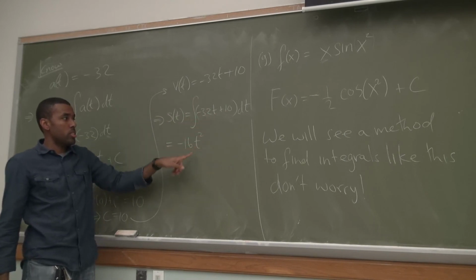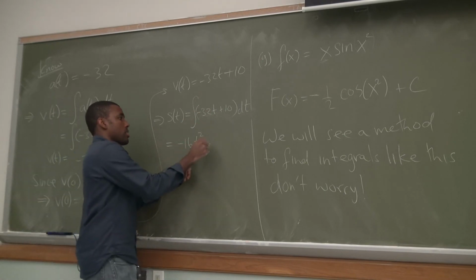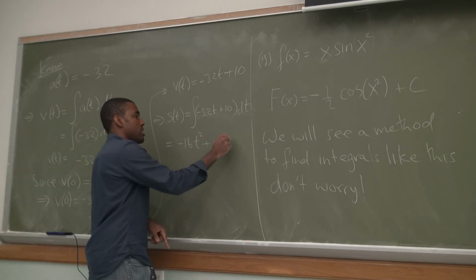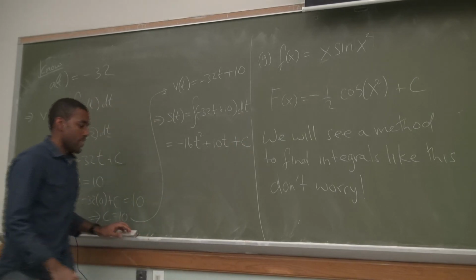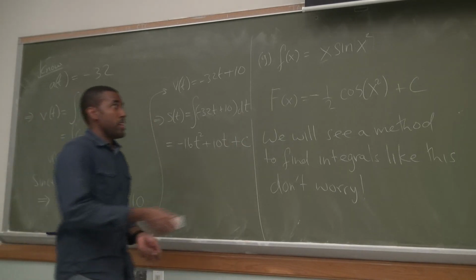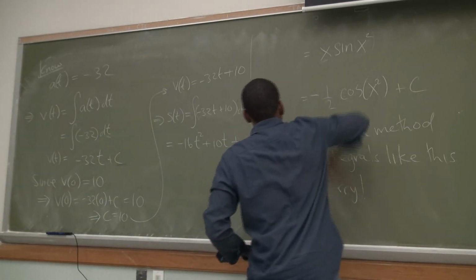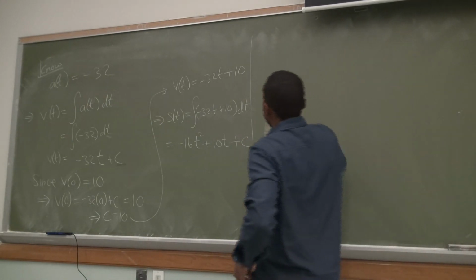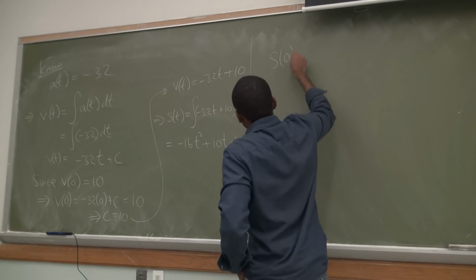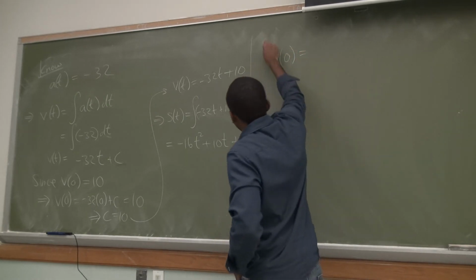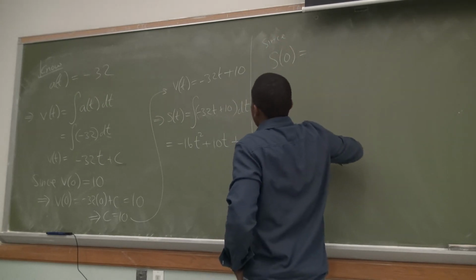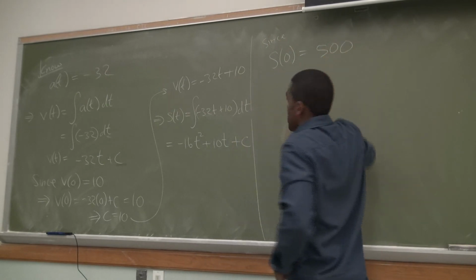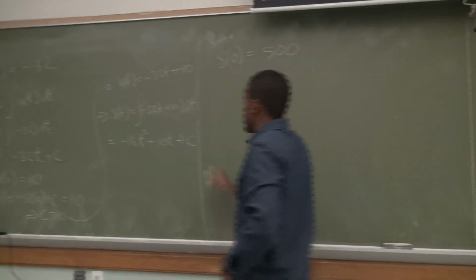The 2 cancels this, you get 16. This other term is just going to be 10t, and again plus c. Do I have enough information to find the c? Of course. We know the initial position, which is 500. When the clock starts, I'm at a height of 500.